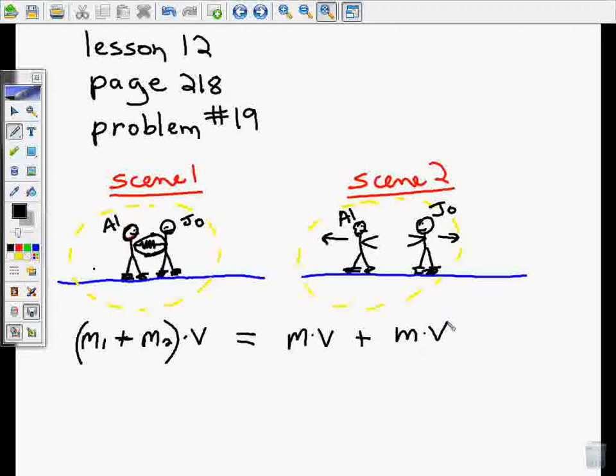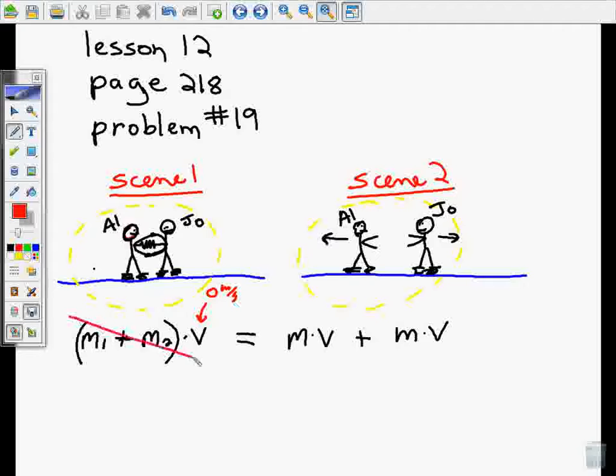Now, are they still to begin with? Yeah, it seems like they start from rest, yes? So since they're starting from rest, from being still, what's going to be the initial momentum over here? 0. Right, because this here is 0 meters per second.